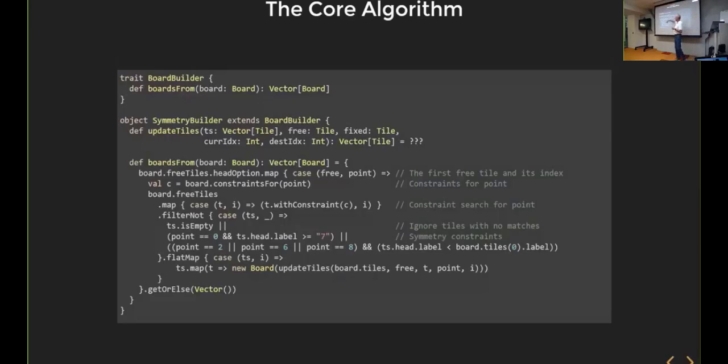This is wrapped inside this other object, and there's another trait that defines this board builder type, of things that know how to build boards, and then a specific instance here. The reason this is pulled out into something separate is that this is our business logic. You think of this as kind of like a service. So we have our immutable domain objects, which have no real functionality inside them. They're just basically data.